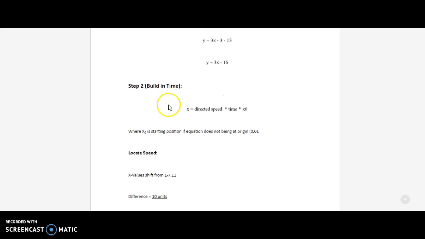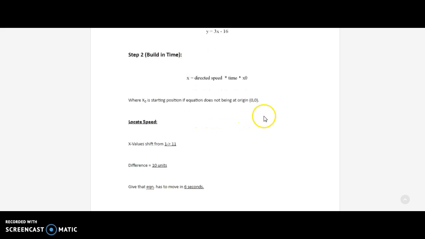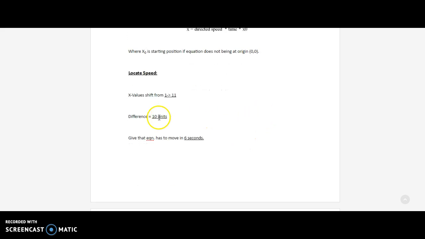Now we have to build in time. To build in time, we have x equals directed speed, dependent on the sign of the number, such as minus is negative speed, plus is positive speed, multiplied by time, plus x0, where x0 is the starting position if the equation does not begin at the origin, 0, 0. And we have to locate the speed.